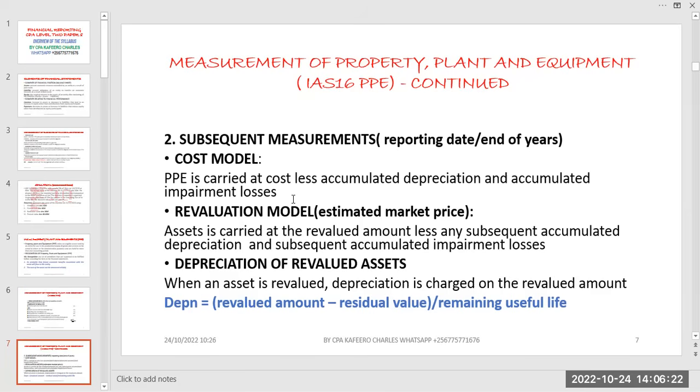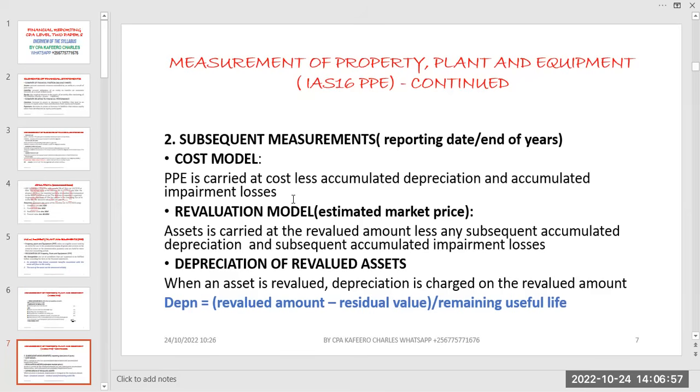So if you have recognized the PPE initially at cost, then what will be the subsequent measurement, or at the date of reporting? You have acquired the asset, let's say today, but when the year ends, which value are you going to assign to that asset? Because remember, there are items of depreciation and impairment losses.